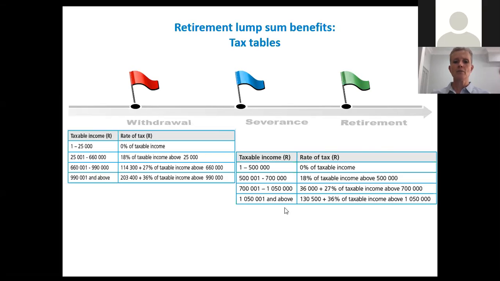And you can see the brackets are slightly better off on the retirement tax table than they are on the withdrawal tax table. Not much, but a little bit. But the tax itself is definitely significantly less on the retirement versus the withdrawal. So to withdraw just costs you money and you pay more money over to SARS, which I don't think is anyone's intention.